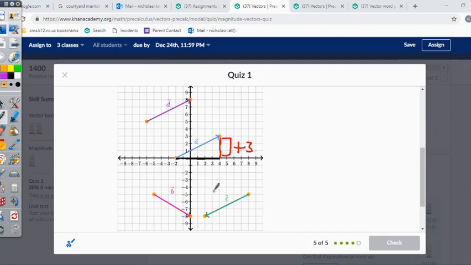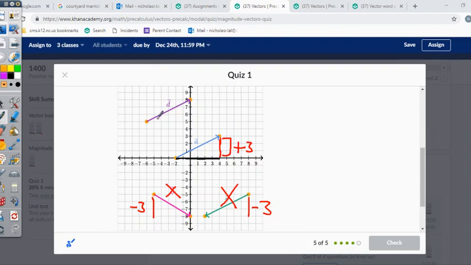So remember, we're starting at our initial point and ending at a terminal point. So this vector has a vertical component of minus 3, which is not equal to plus 3, so we can cancel out vector C. That's a vertical component of minus 3, so we can cross out vector B.